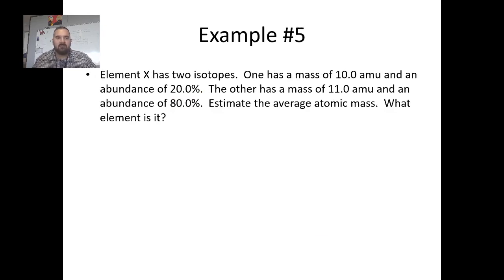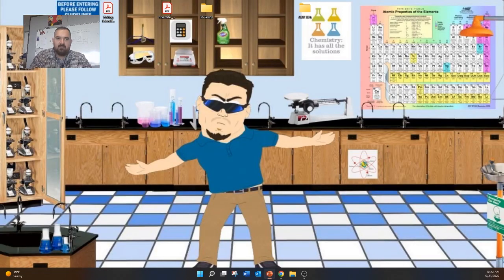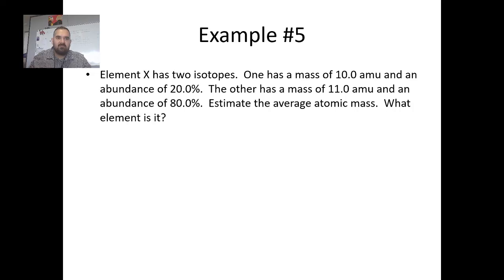Let's go ahead and get this one. This is our last one, and then you get to work on your assignment. So for our last one, we have 10 AMU times 20% plus 11 AMU times 80%, divided by 100.